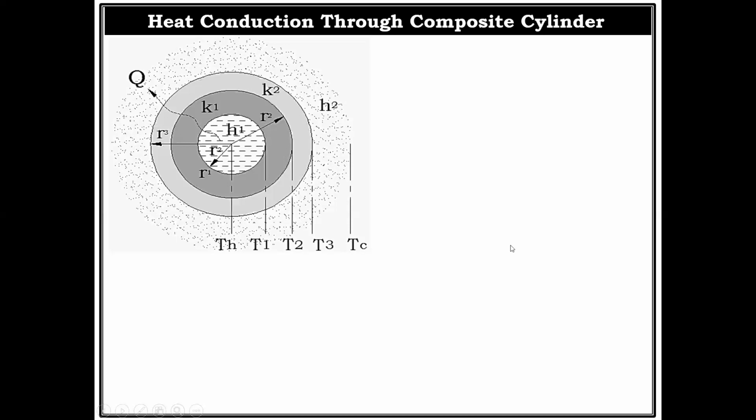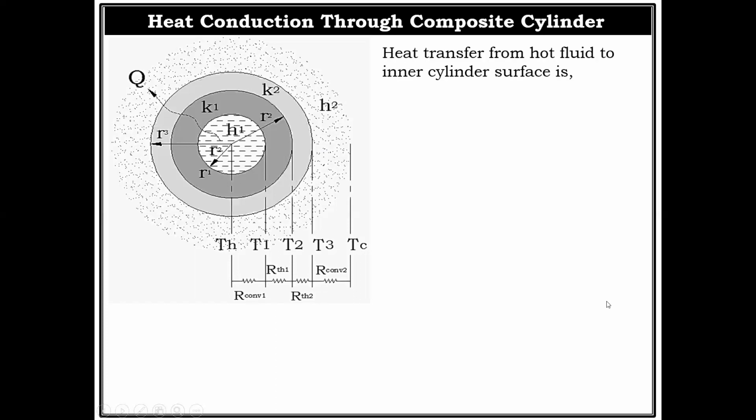If I draw the electrical analogy, the resistances are: first the convection resistance for heat flow from hot fluid to inner surface, then the conduction resistance when heat flows through the inner cylinder, then thermal resistance 2 when heat flows through the outer cylinder, and again convection resistance 2 when heat flows from the outer cylinder to the surrounding fluid.